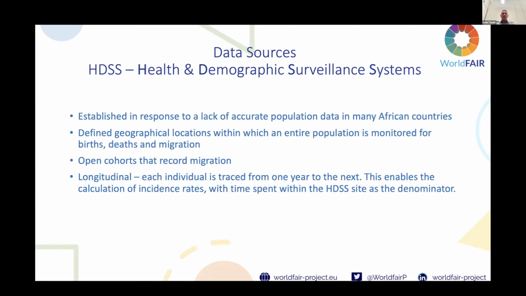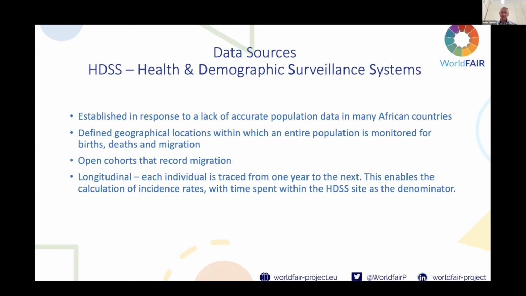Now, in terms of the data that we've worked with, this has led into the conclusions that we've reached over the last year. The settings in which we're working were very specific in terms of the health data that were available to us. We were largely working with what are termed Health and Demographic Surveillance Systems, or HDSS.